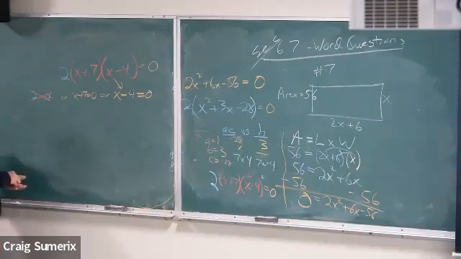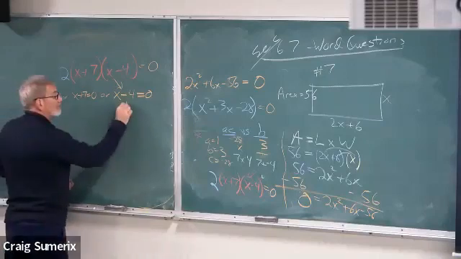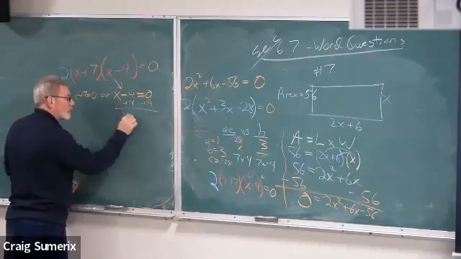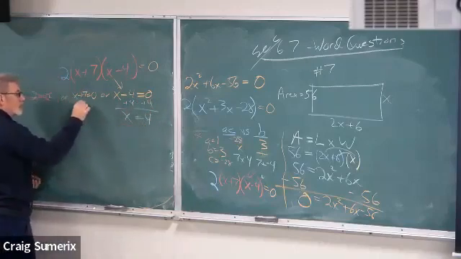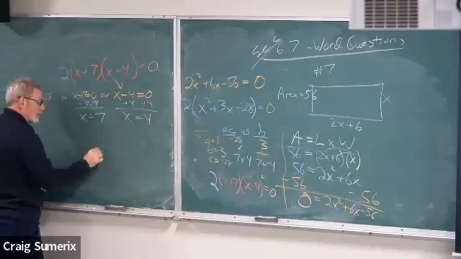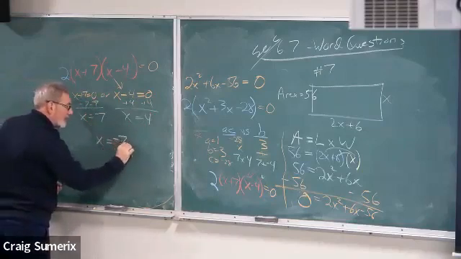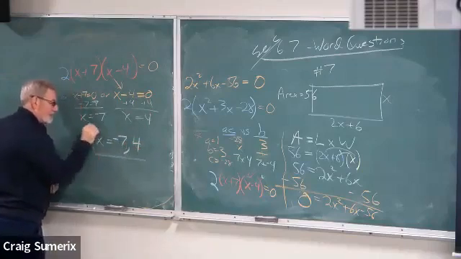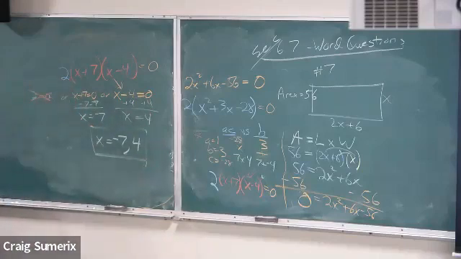Okay, so can we solve this then? So x is equal to -7 or 4, right? We all good? What if it was a 2x? How would you do that? Well, then 2x equals 0. 2 times what is 0? Or divide by 2. 0 divided by 2 is 0.